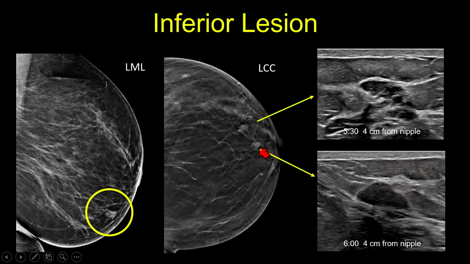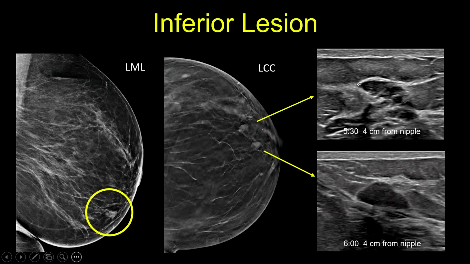On CC view, the more medial lesion looks like a fibroadenoma. We say we are going to watch that. But the more lateral one has microlobulated margins, and when we ultrasound, we aren't sure this is the correlate for the mammographic lesion, so we decided to biopsy this lesion using the tomo.